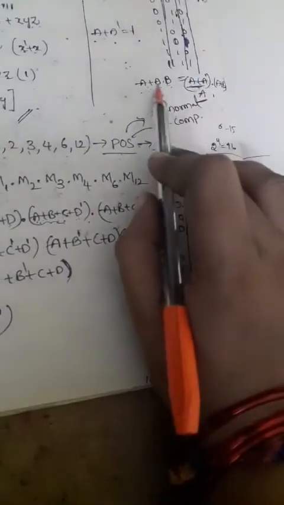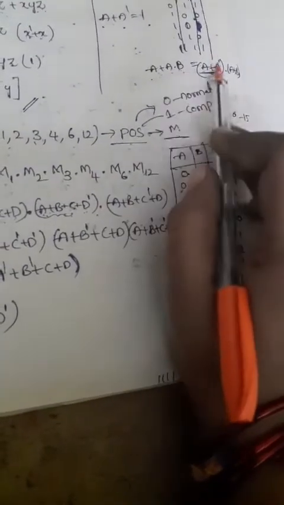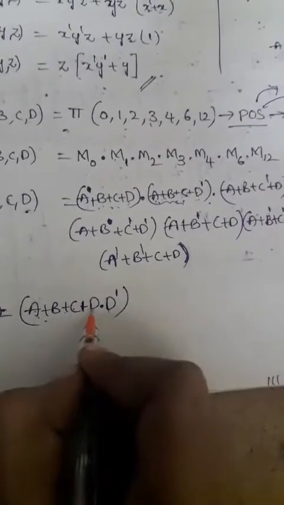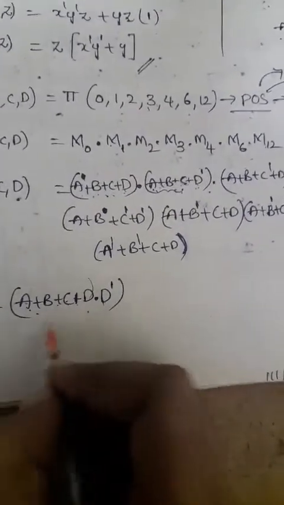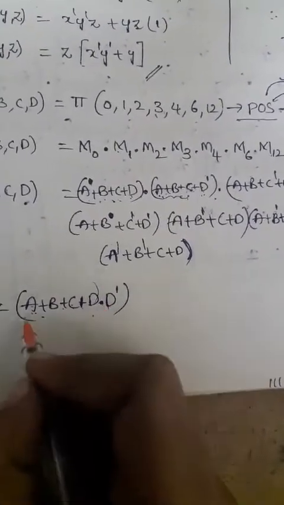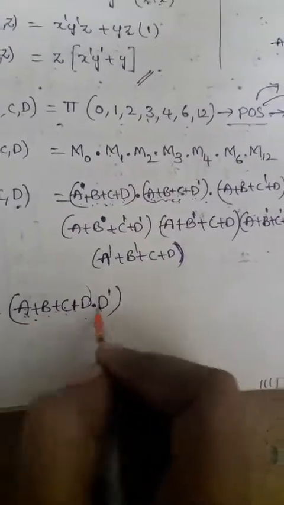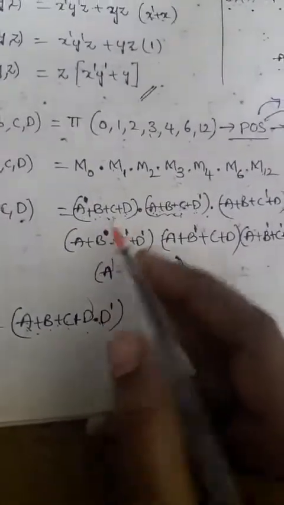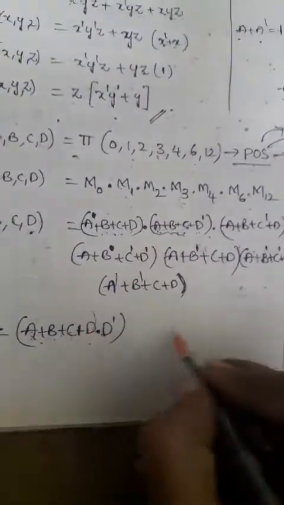So you can simplify like this: a plus a into a plus b, right? We have to write the expression like this. So a plus b plus c plus d into, again we write one more function, a plus b plus c into d complement. So we have to write it like that also, right?